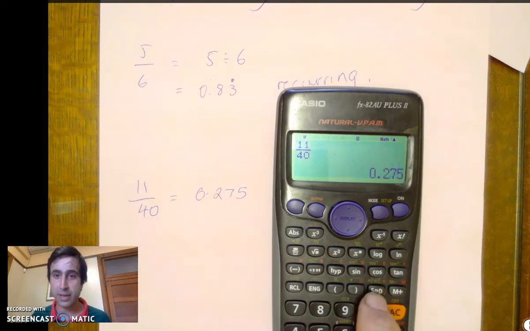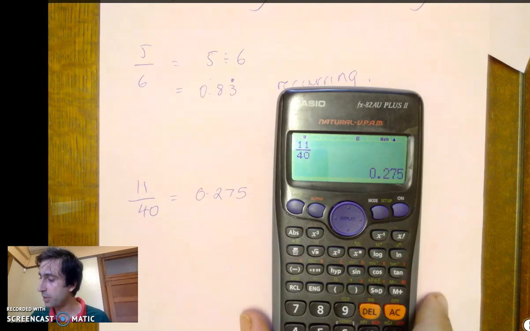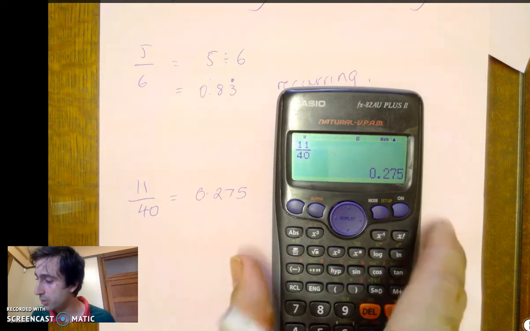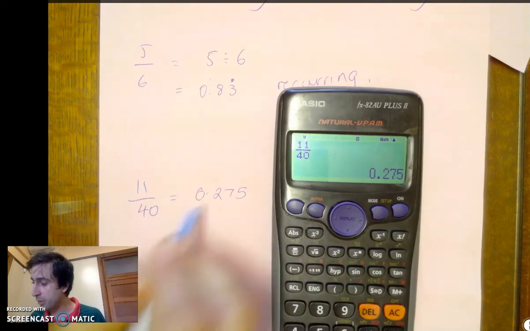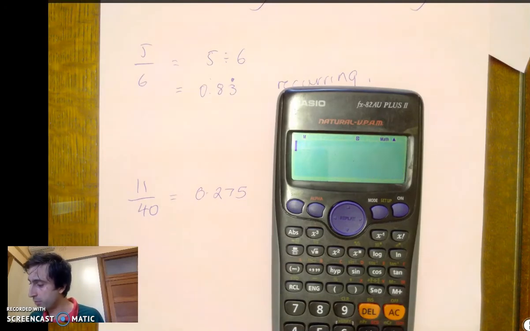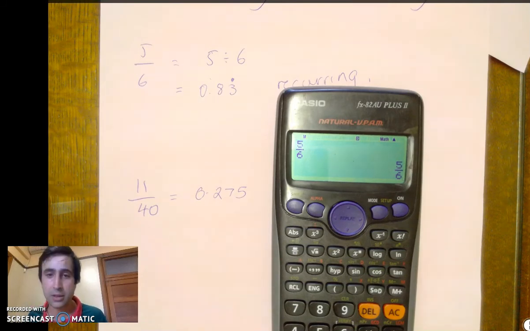So I see straight up that 11 over 40 is 0.275. A note though: once you do it, if it's a fraction, 5 over 6, you have to press equals. And now that it's down there, you press S-D and you can do the same thing. Hope it helps.